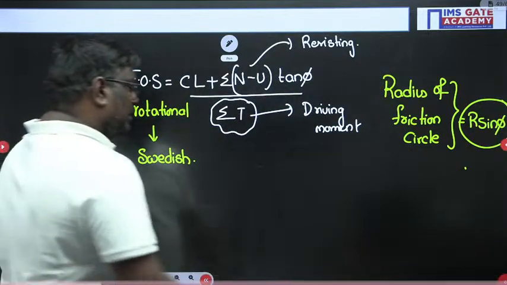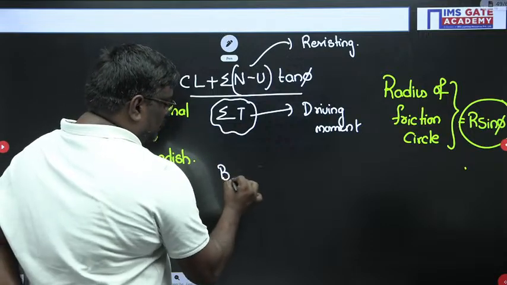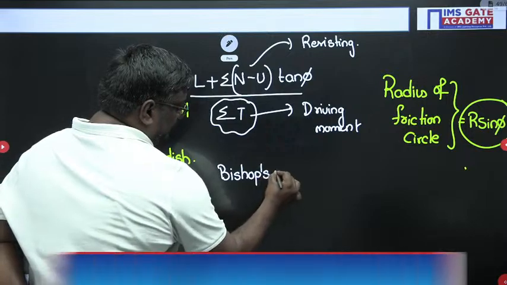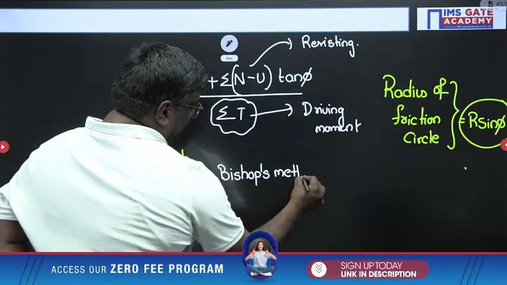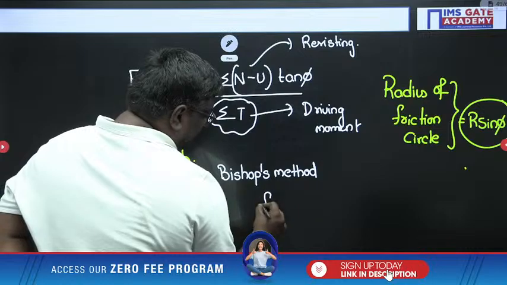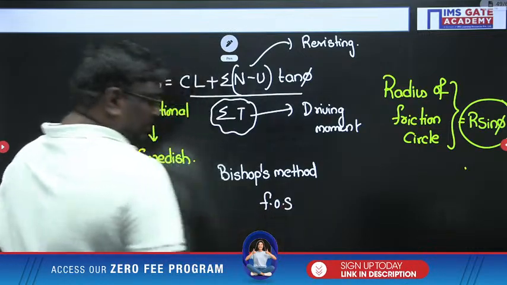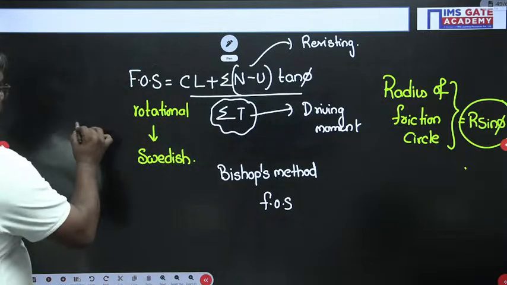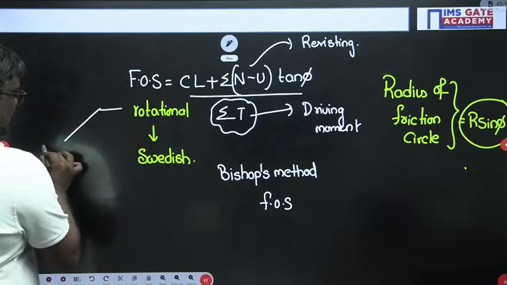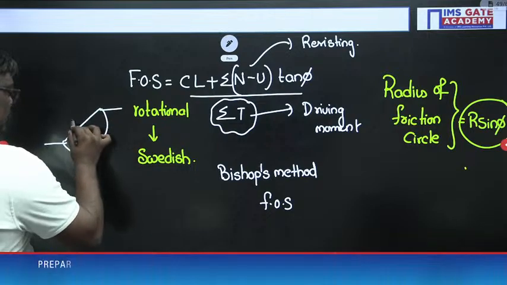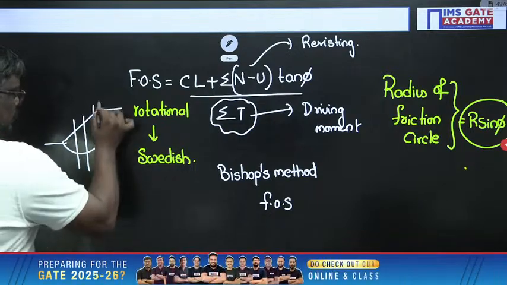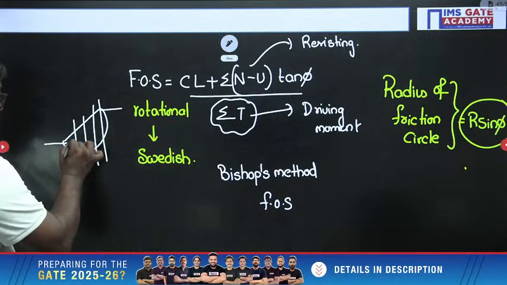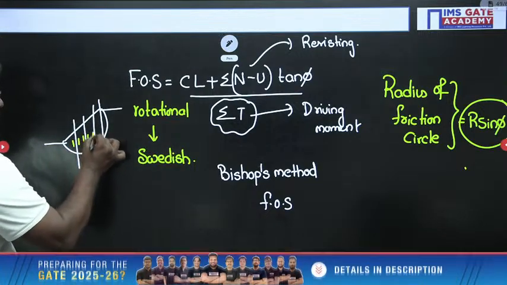Similarly, we have Bishop's method also. The factor of safety for rotational failure using Bishop's method: actually, in the Swedish circle method, the curved failure surface is substituted in the form of slices, but the forces in between the slices were never considered.